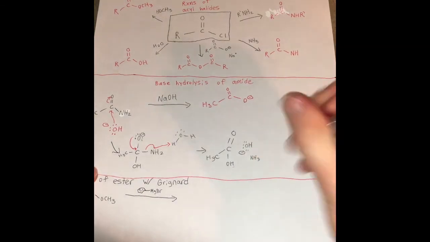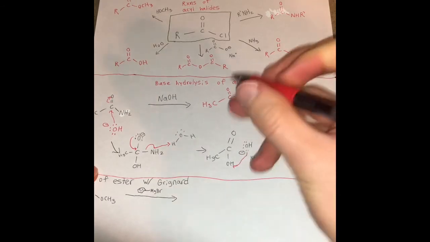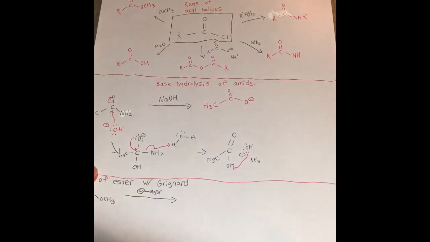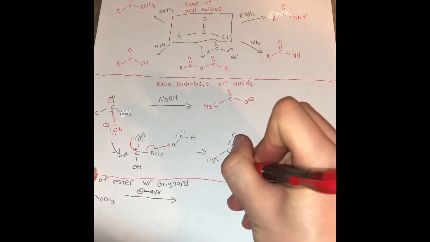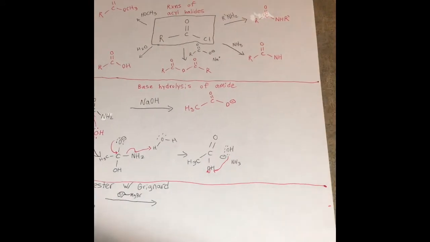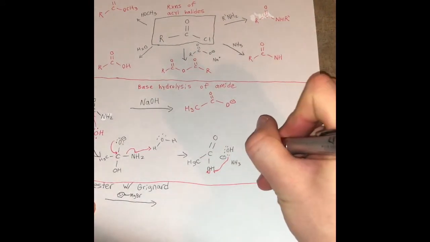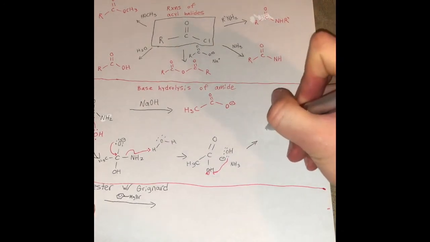So these electrons on the OH will steal this H, which pushes electrons, which there's a bond between here, onto the O. So we end up getting this for our product.